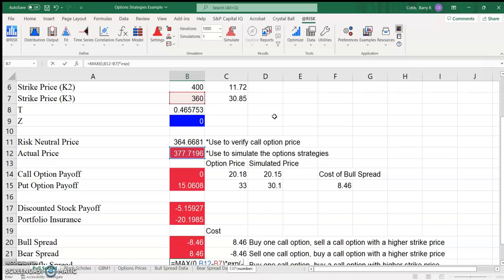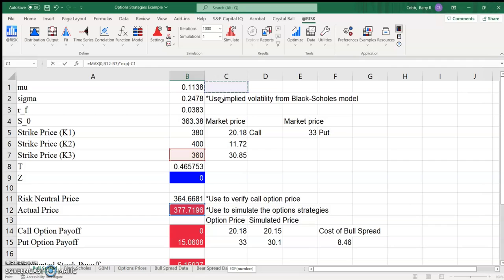And then we always discount this payoff to present value. Discount factor is the exponential function with the negative sign times the risk-free rate times the time to expiration. And then, of course, we have to purchase this option, so we're going to have to pay the market price.